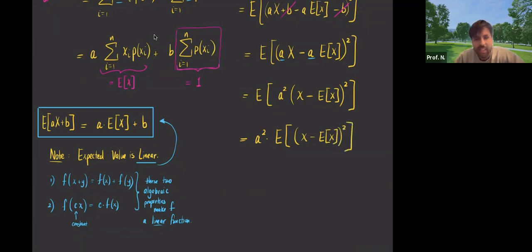I know there's a lot of e's and x's out here. But then, hey, what is this? Anybody know what that expression represents? Well, what if I rewrite this?